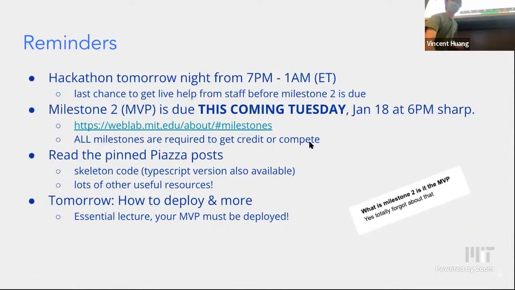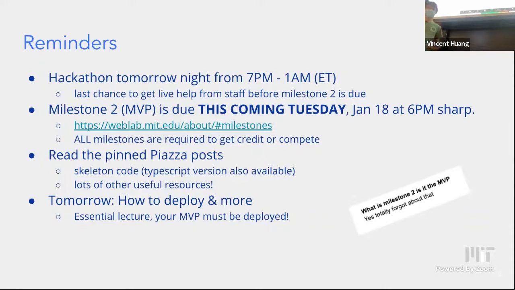Just a reminder that all milestones are required to get credit for the class or to compete in the competition. Also, make sure to read the pinned Piazza posts. They have a lot of helpful information, like where to find the skeleton code, and common bugs we've run into that you might need to know how to fix.